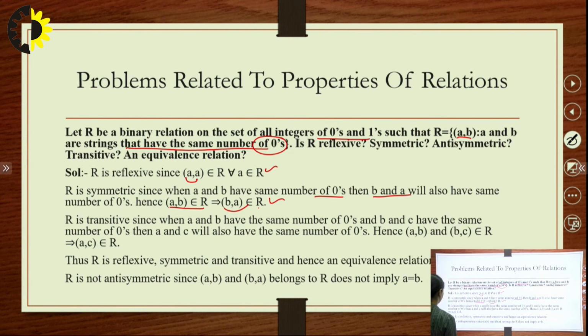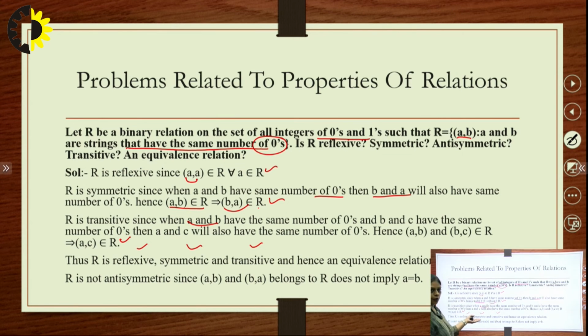Now, for transitivity, R is transitive since if a and b have the same number of zeros, and b and c also have the same number of zeros, then a and c will also have the same number of zeros. So, we can say that (a, b) and (b, c) belong to R implies that (a, c) also belongs to R. Thus, R is reflexive, symmetric and transitive.